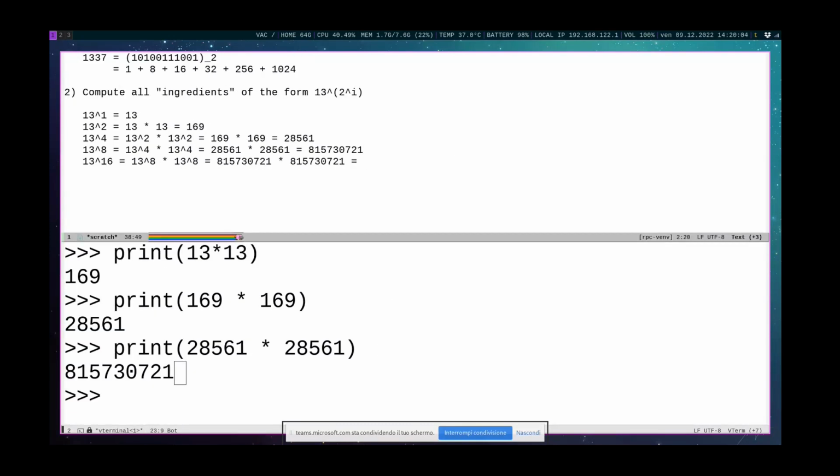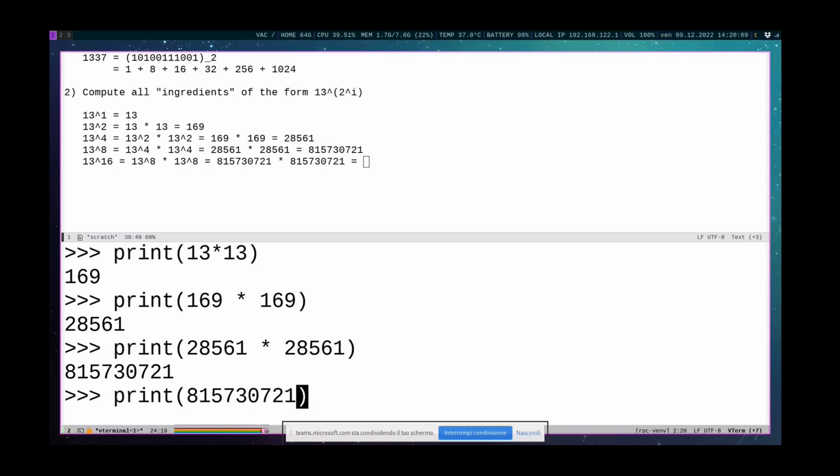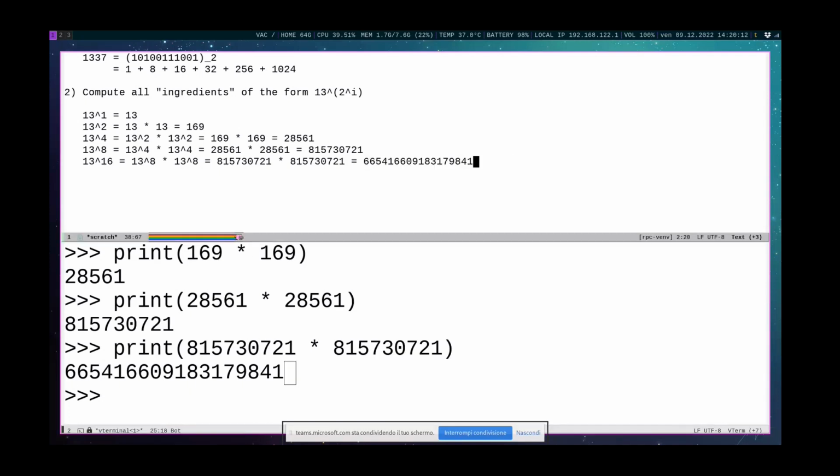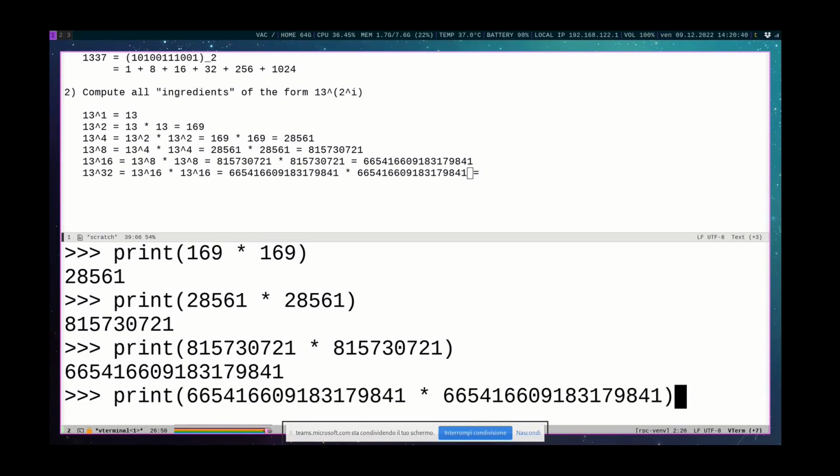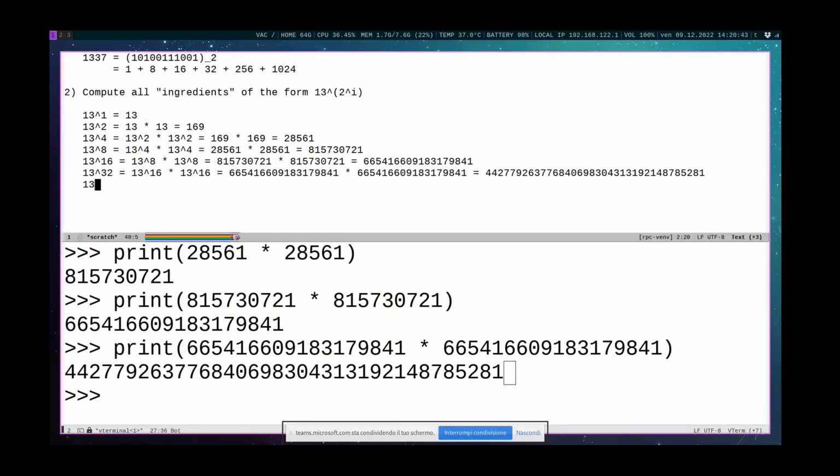Of course, in the midterm, the numbers are going to be really small. So this is just to get an idea. It's going to be much simpler when you actually have to do it by hand, because otherwise even this small multiplication would be tough. So 13 to the 32 is 13 to the 16 times 13 to the 16. Here the numbers are getting pretty big, but we don't care. So we do this, it's going to be huge.